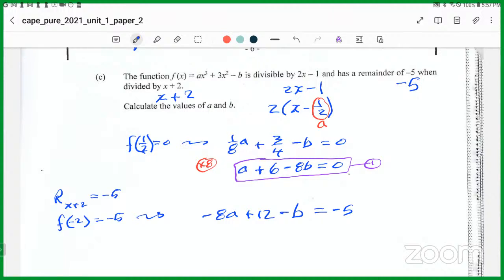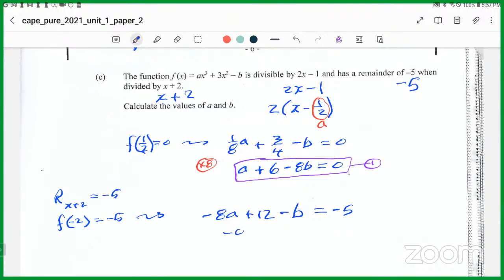So I'm solving these two equations simultaneously. This has an 8b in it. This is just a b. Or this has an 8a in it, where this is just an a. So what I'll do, I'll change this one to an 8b and then add the two equations. Well, let's transpose this first. Make it negative 17.